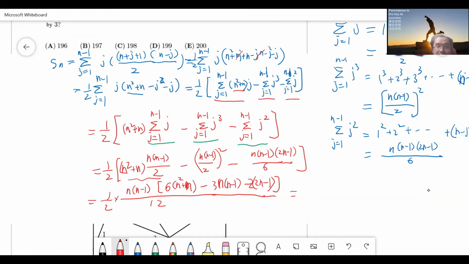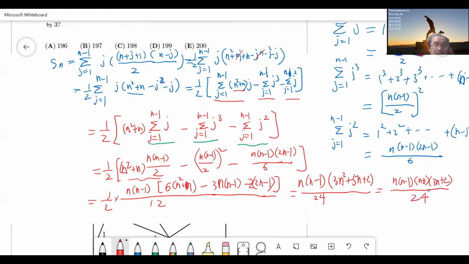After simplification, we got 24. So we have n times n minus 1, and inside we have 3n squared plus 5n plus 2. This continues to equal n times n minus 1 times n plus 1 times 3n plus 2 over 24.